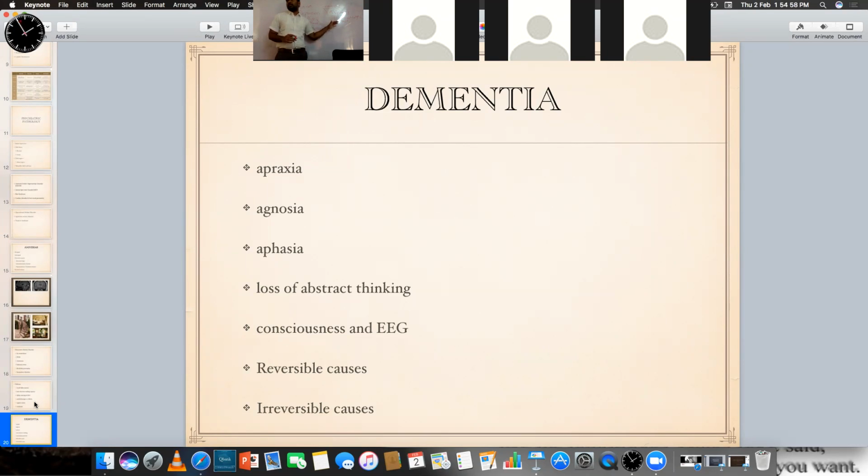If your cortex is prone towards infarcts, then you lose memory. Not exactly the motor cortex, your cortical region. It can be sensory or motor as well. Alzheimer's disease, vascular dementia, multiple infarct dementia.